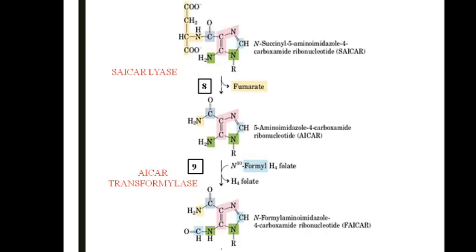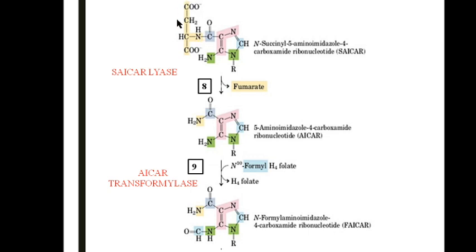Now coming to the next step, that is SAICAR lyase. Lyase, again we know that it helps in breaking up the bonds without the utilization of water molecule. Here what is happening, in the succinyl amino imidazole carboxamide ribonucleotide, it is going to remove the fumarate compound, that is fumaric acid is removed from here. Thus the compound that is going to remain, because we do not want all these carboxyl groups here, we just want this amino group.